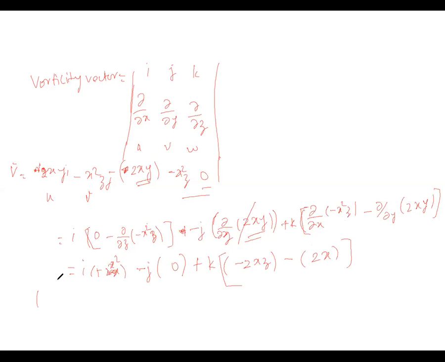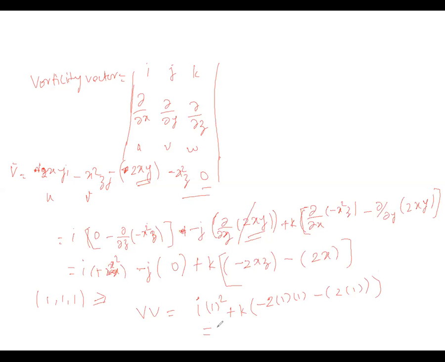Now the point is given, and you have to find the vorticity vector at 1, 1, 1. Substituting, the vorticity vector is equal to i times x square, which is 1 square, plus k into, with x, y, z all 1, minus 2 into 1 into 1 minus 2 into 1.